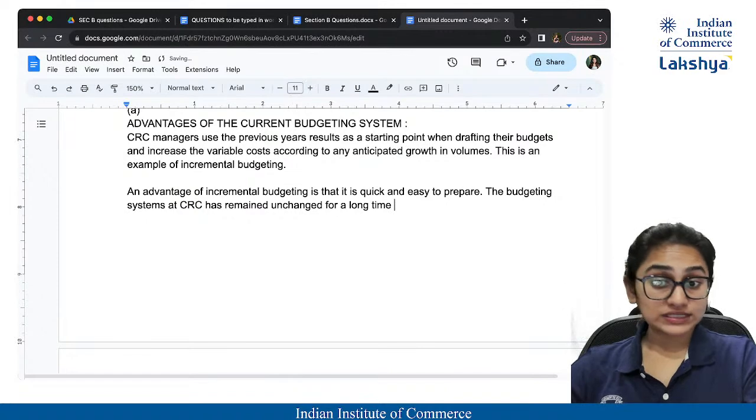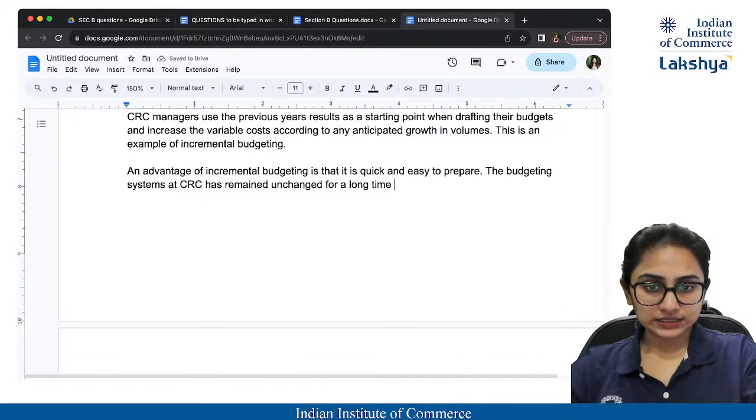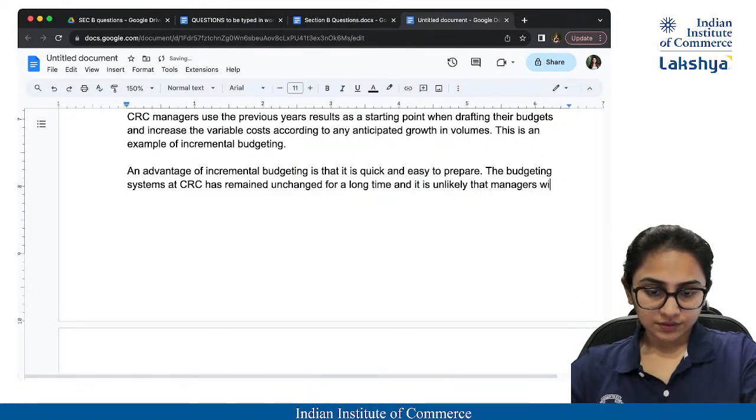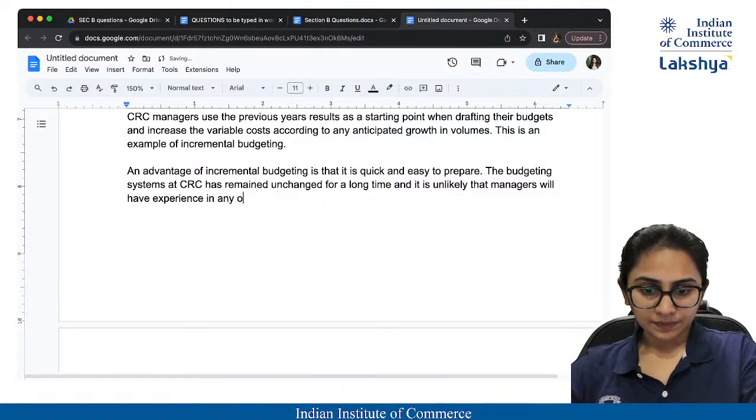And we also saw a few disadvantages in incremental, so we can write it in disadvantages. And it is unlikely that managers will have experience in any other method of budget setting.